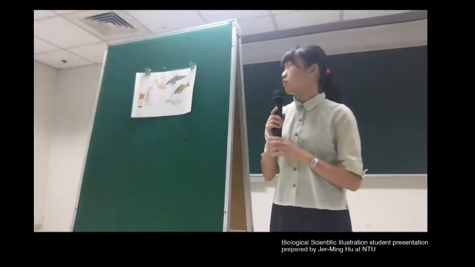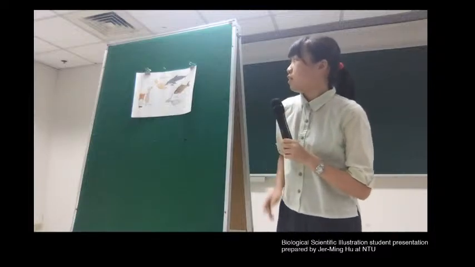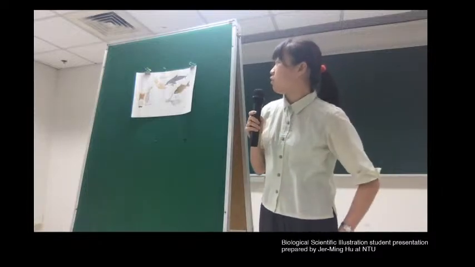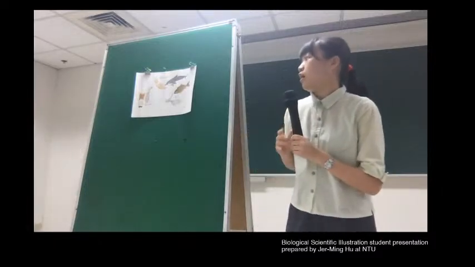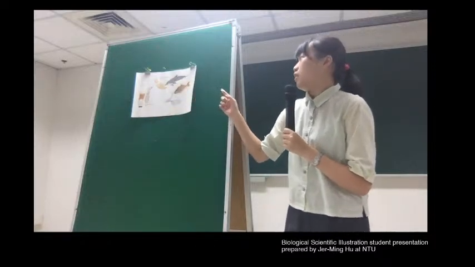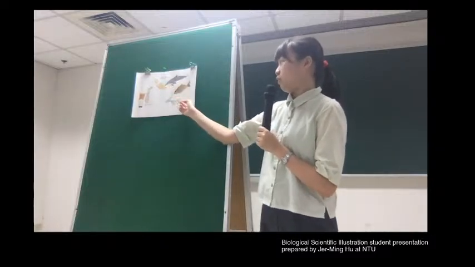Hello everyone, I'm Chen Bojun and I'm from the Department of Life Science. My picture's topic is divergent evolution and convergent evolution. I chose pigs, dolphins, and fish to show this. And this is a fin of the dolphin and a fin of the fish.